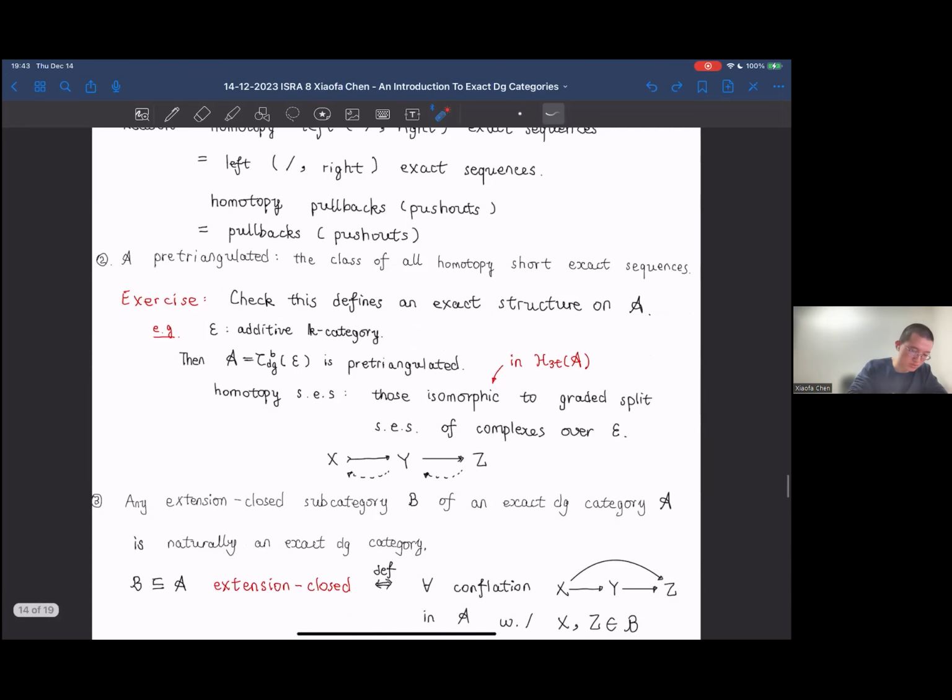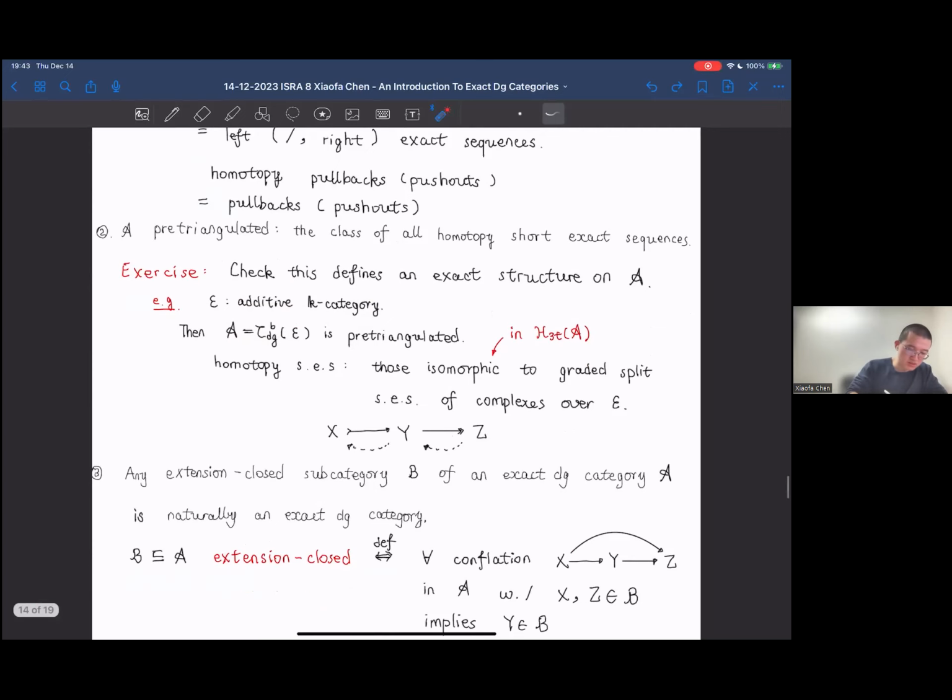As an example, when E is an additive category, then we can take its pre-triangulated hull, the DG category of bounded complexes over E. Here the homotopy short exact sequences are the three-term homotopy complexes that are isomorphic in this category to the graded split short exact sequences of complexes over E. So we have short exact sequences of complexes, and they are graded split.